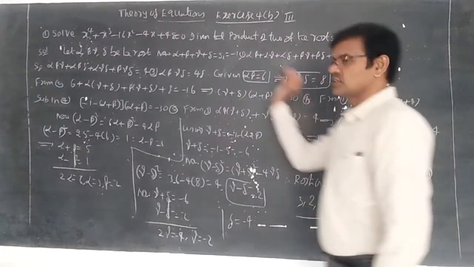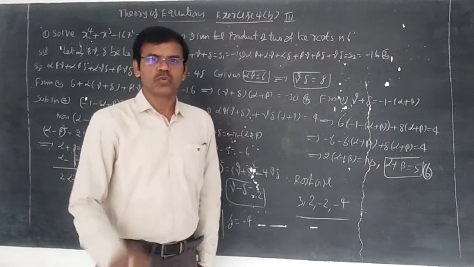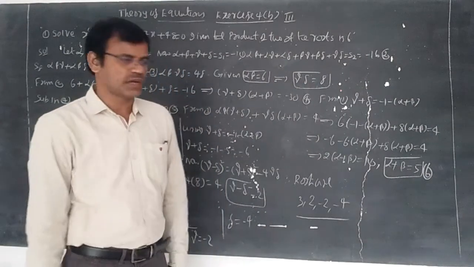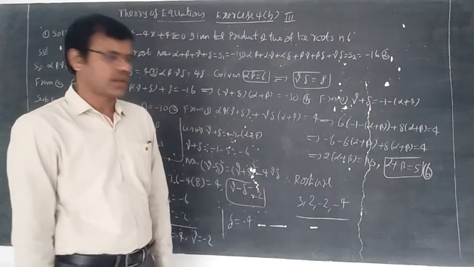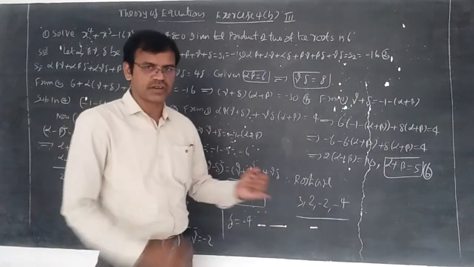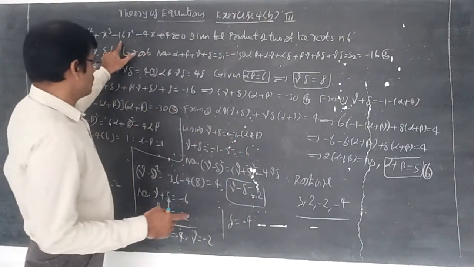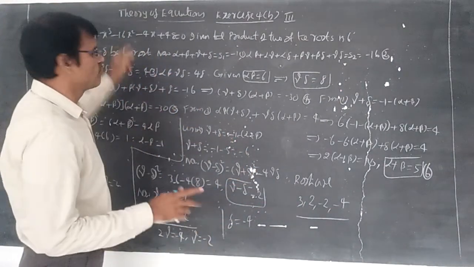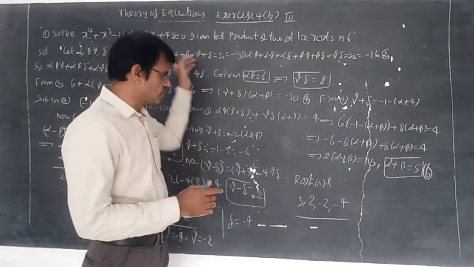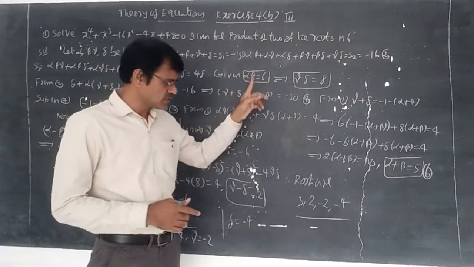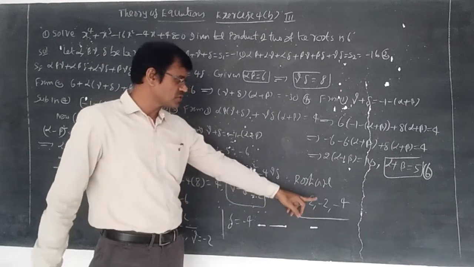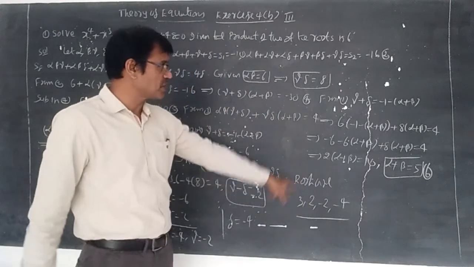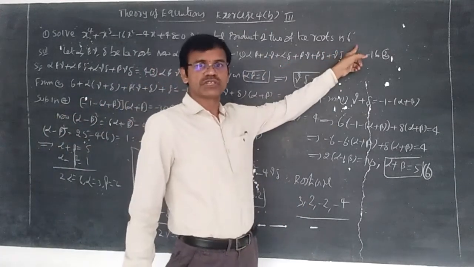Without using all this lengthy method, we can do it in a shortcut method, by trial and error method. We can put f of 1 equal to 0. It will not satisfy. f of minus 1, it will not satisfy. f of 2, whenever f of 2 satisfies and f of minus 2 also satisfies, otherwise f of 3 satisfies, because product of 2 roots 6 is given.